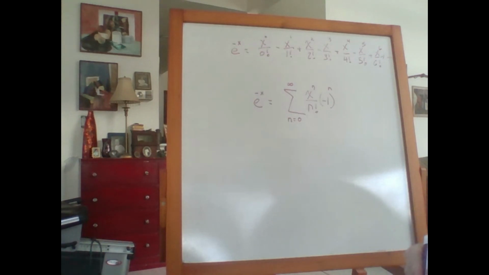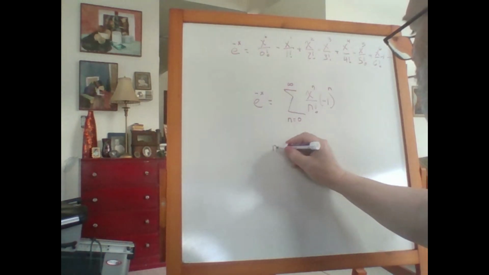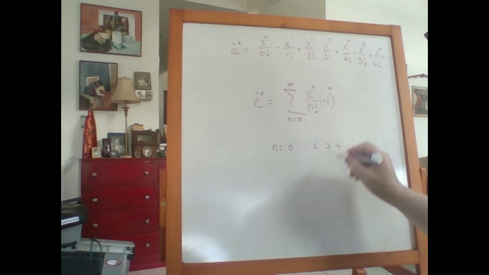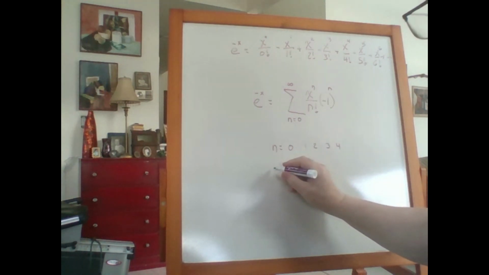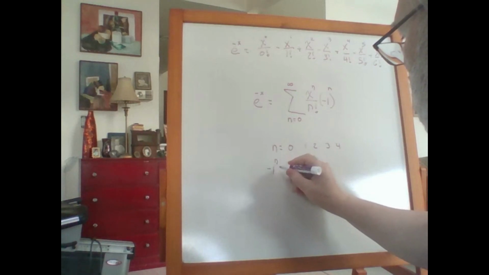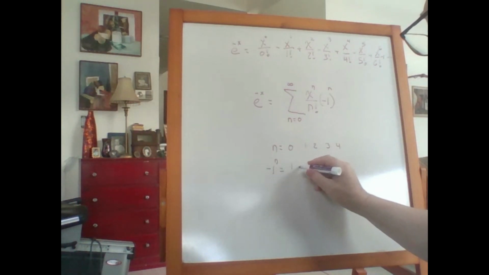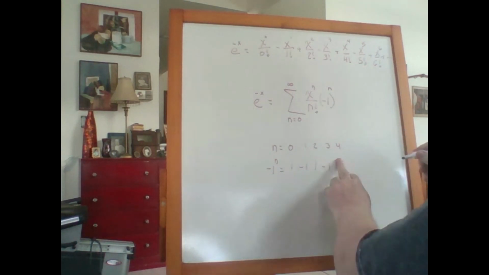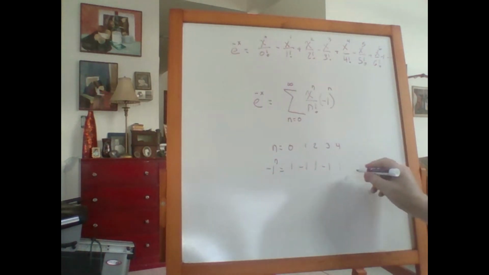Because when n equals 0, 1, 2, 3, 4, and so on, -1 to the n equals 1, minus 1, 1, minus 1, 1, and so on.